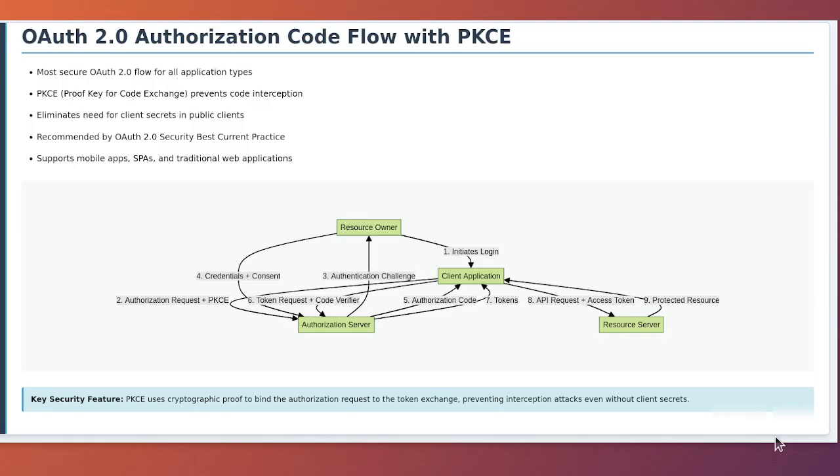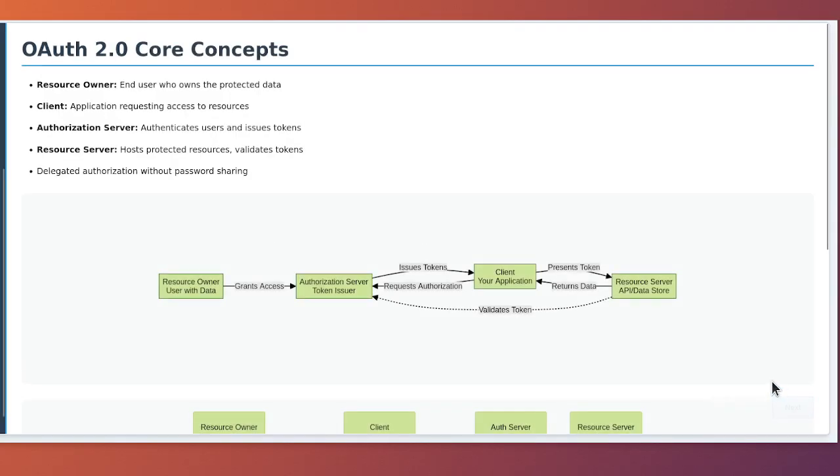We'll examine how each token is structured, what claims they contain, and how they are validated. Most importantly, we'll explain exactly how PKCE prevents authorization code interception attacks, which is the primary security threat this extension addresses.